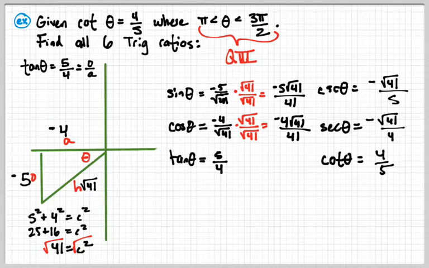And here's a good way of checking. We're in quadrant 3. The only one that's positive in quadrant 3 is tangent and cotangent. Are all the rest negative? Good.